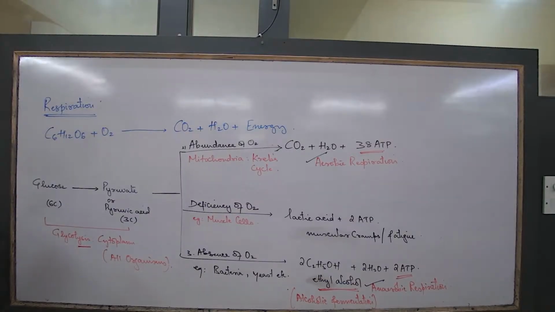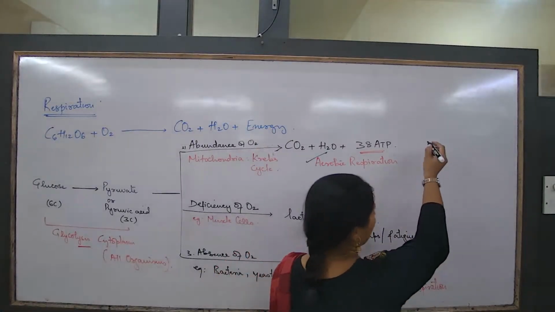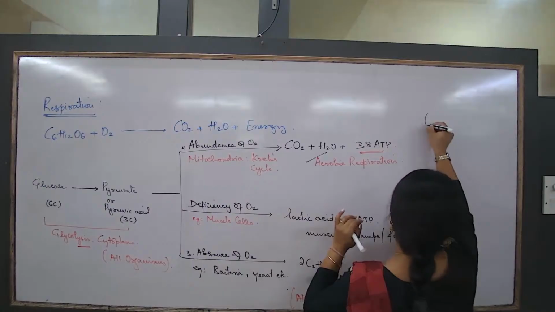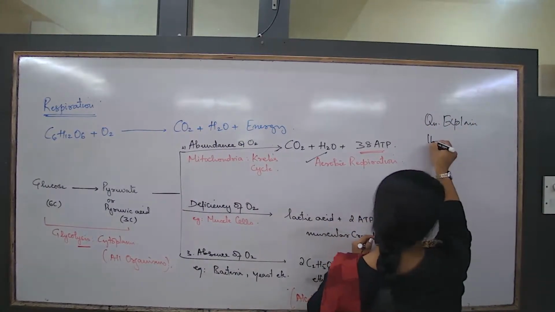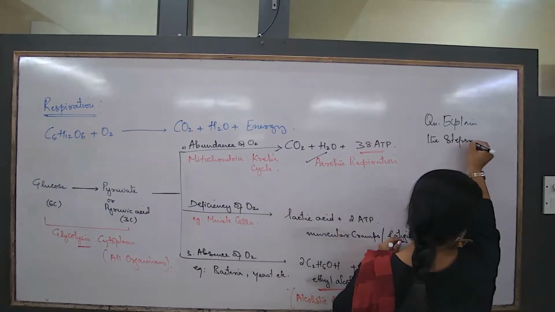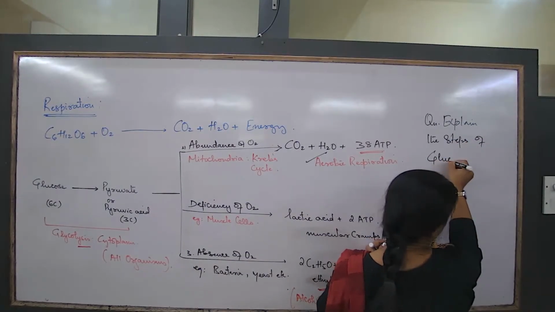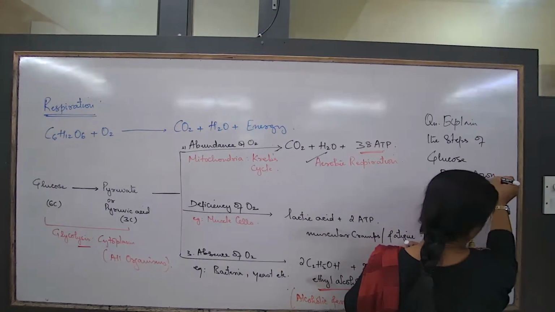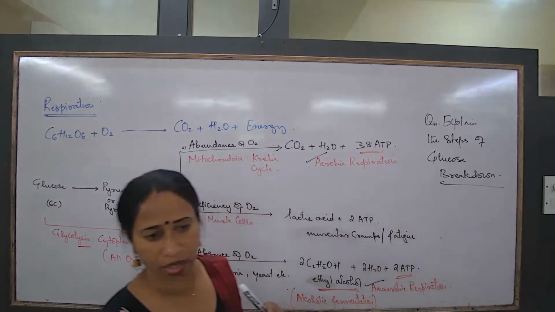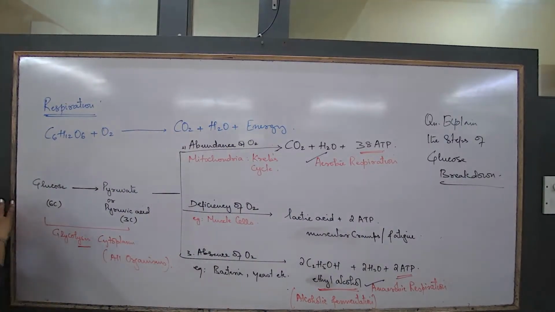Explain the steps of glucose breakdown, where all these 3 steps you have to write. This is a 3-mark question. You have to draw the flow chart and then write a little bit of description. For a 3 mark answer, along with the flow chart you will have to write some description also.